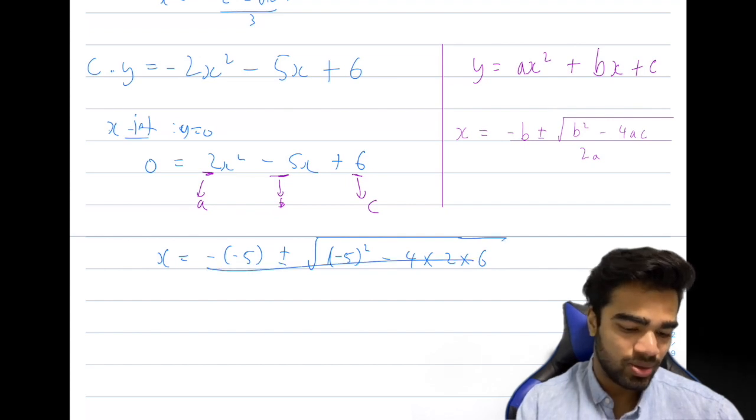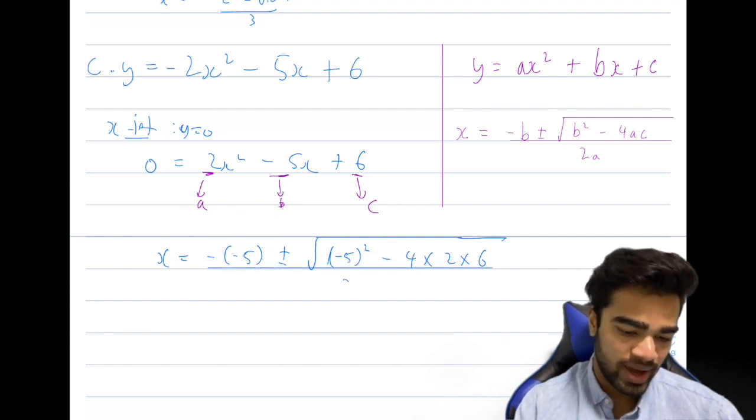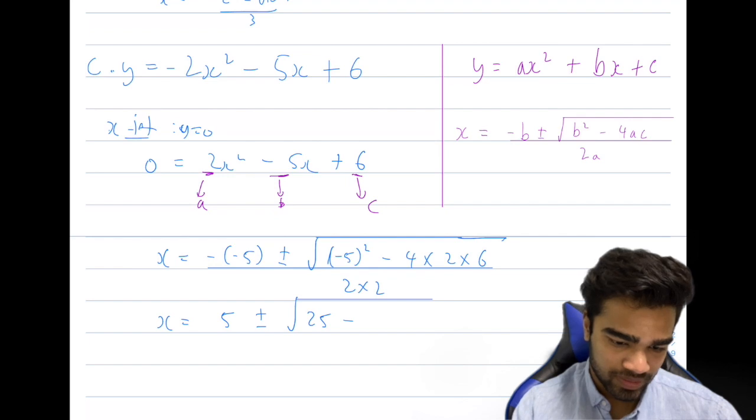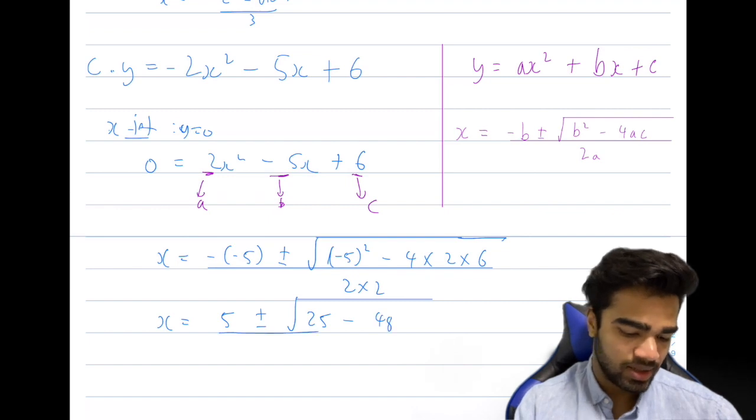All that divided by 2a, so 2 times 2. So you have x is equal to 5 plus or minus square root of 5 squared is 25, and 4 times 2 times 6 is minus 48, over 4.